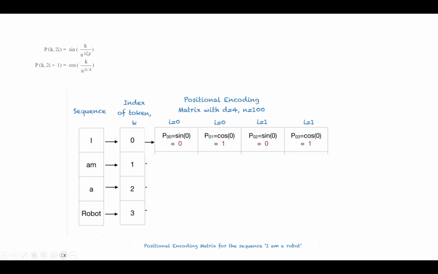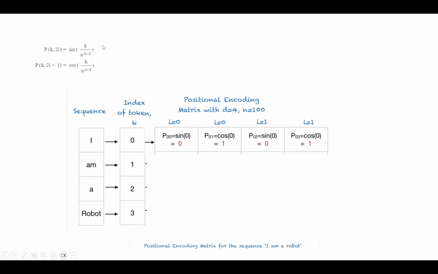Now in this formula, we'll just put k equal to 0. When k is 0, this whole thing is 0. Sine of 0 is 0, which is this one. And then here we have i equal to 0 for the sine, and for the cosine. Then we get i equal to 1 for sine, and i equal to 1 for cosine.